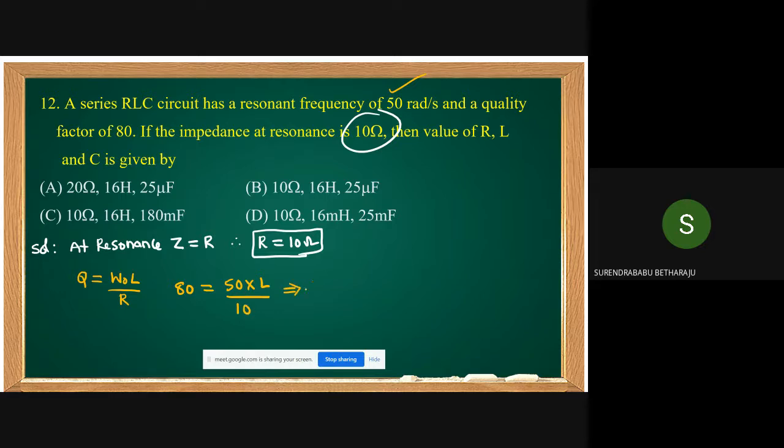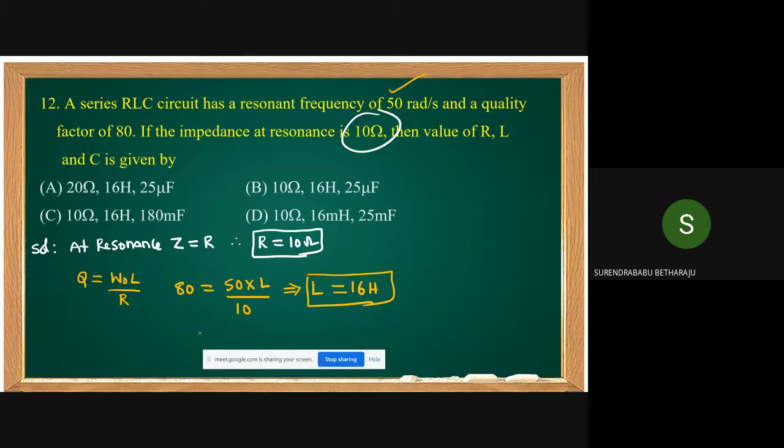Then how much inductance can you get? 800 by 50, 16 Henry. We get L equals 16 Henry.